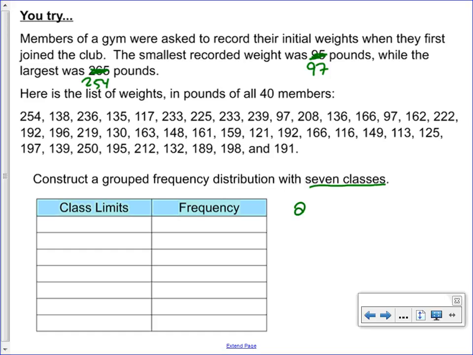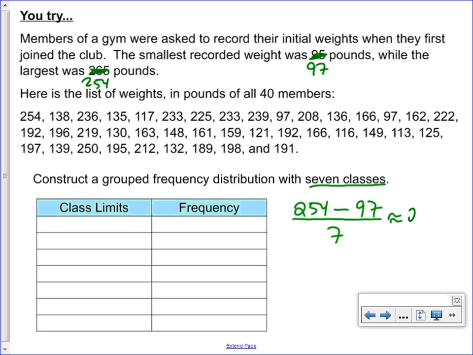So 254 minus 97 divided by 7 is about 22.4.